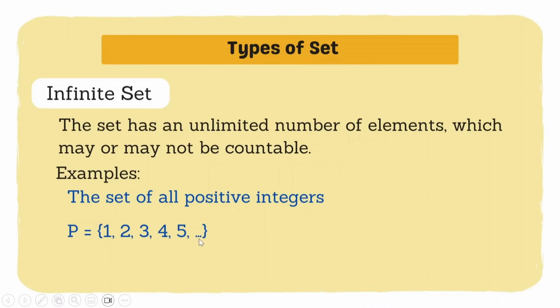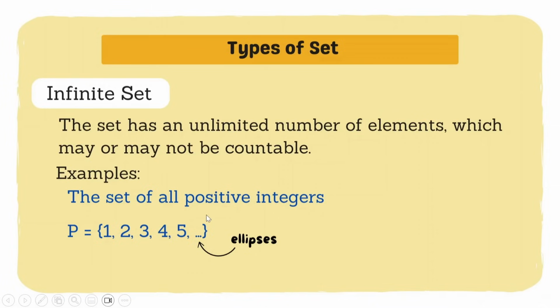Kaya meron ulit tayong makikita dito na tatlong dots or ang tinatawag nating ellipsis. Pero in this case, yung ellipsis po natin, hindi na siya sa gitna ng elements but rather nasa dulo na po siya ng elements. It means that the elements is unending. Hindi na po siya natatapos. Kasi nga ang tawag natin dito ay infinite set.